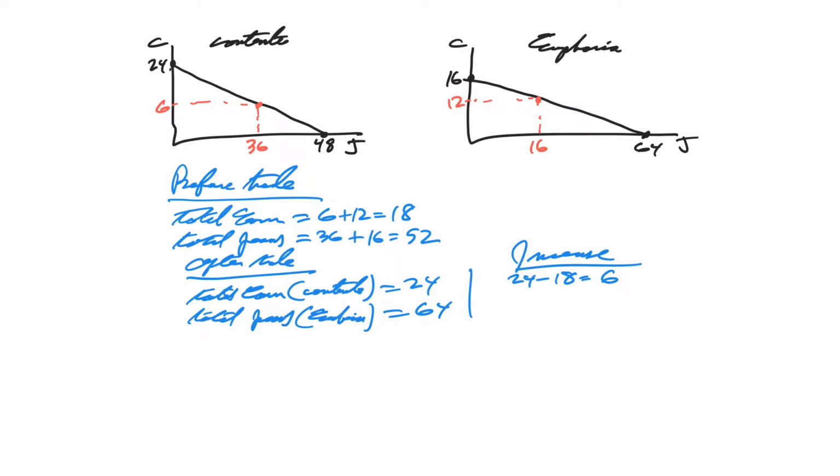And the increase in jeans: there's 64 in the world now, all being produced by Euphoria. Before trade, total jeans was 52.